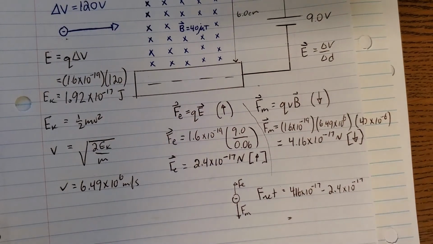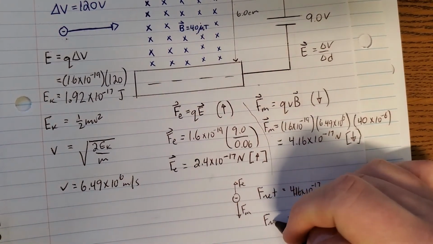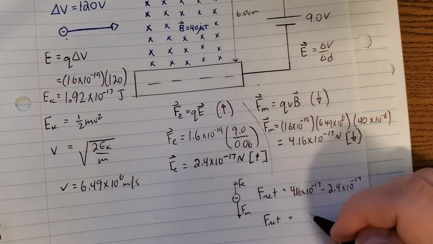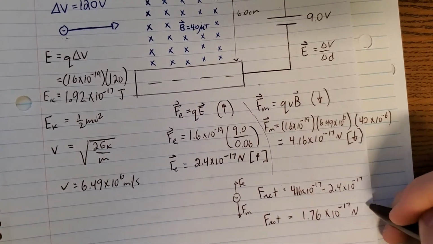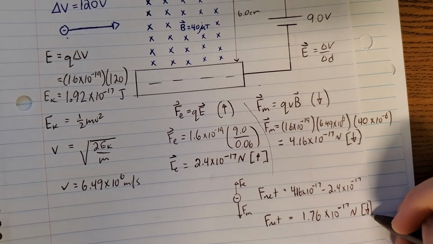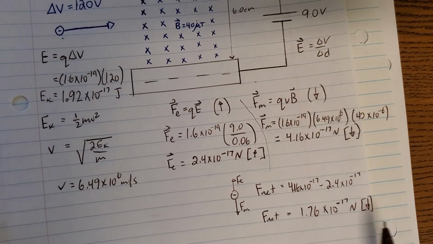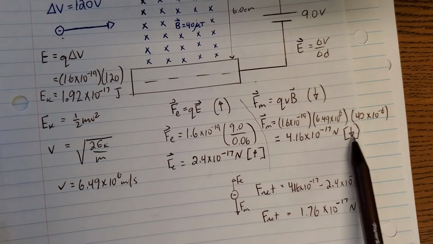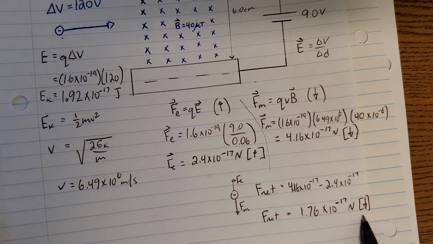Our answer here is going to be down. So our net force is... and just a reminder there, since I made a mess out of my language, the magnetic force down is greater than the electric force up, so our net force will be down.